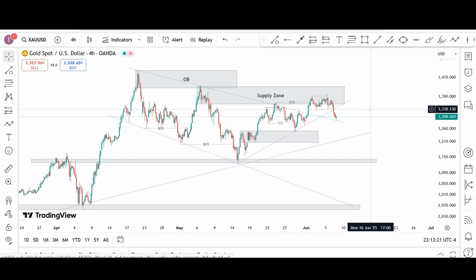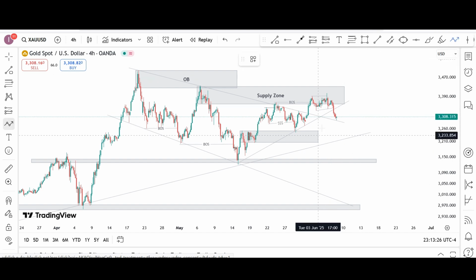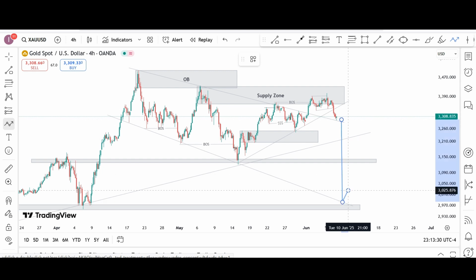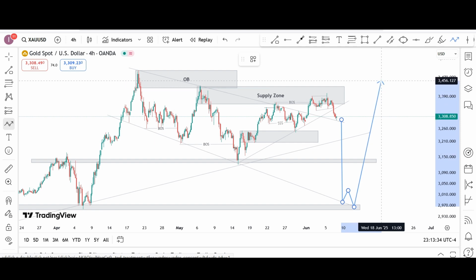That's what I want us to look at. Or if price gives us this lower low again, giving us a double bottom right here again, then it's going back. Anything can happen.